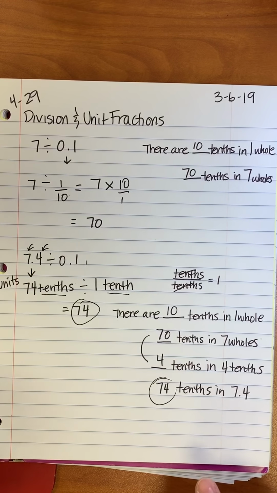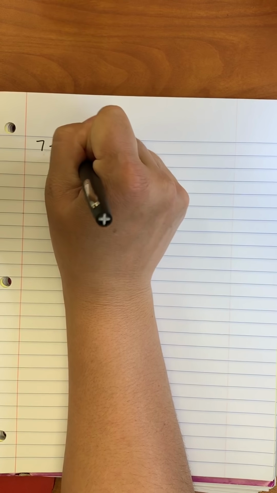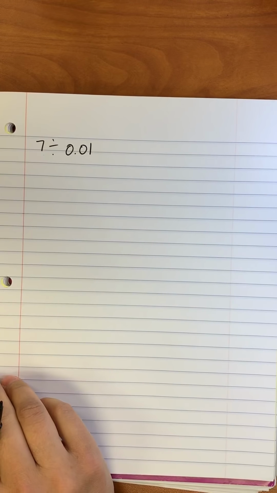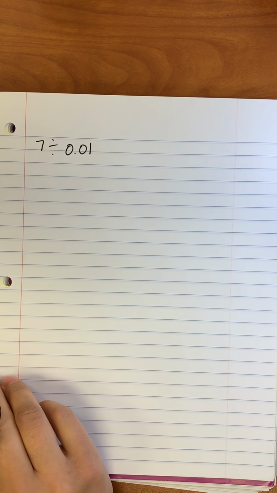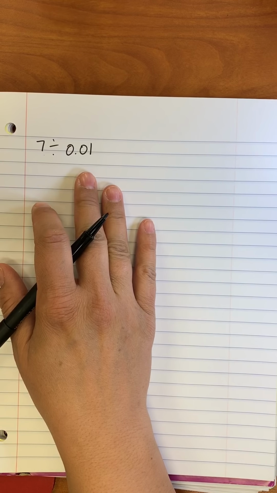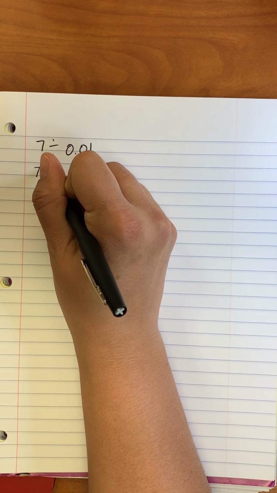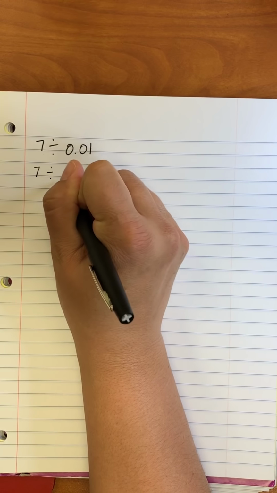Let's try another one. So we've got 7 divided by 1/100th. So the last problem we did was with tenths. Now we're doing hundredths. So 7 divided by 1/100th, we could rewrite it like a fraction.